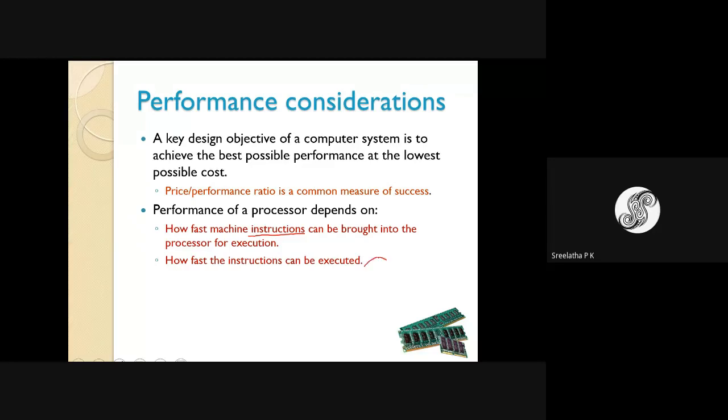The execution in the processor is very fast, but instructions and data are accessed from main memory or cache, and if there is a cache miss, meaning data is not available in the cache, this process takes more time.